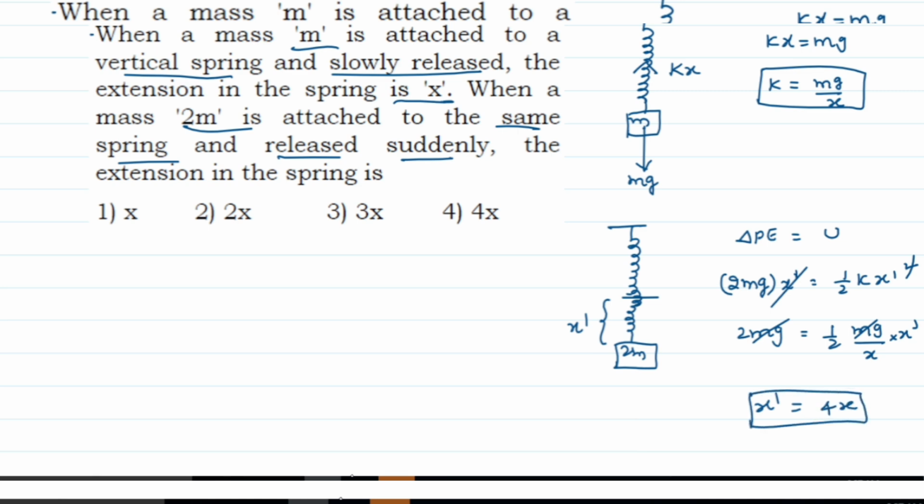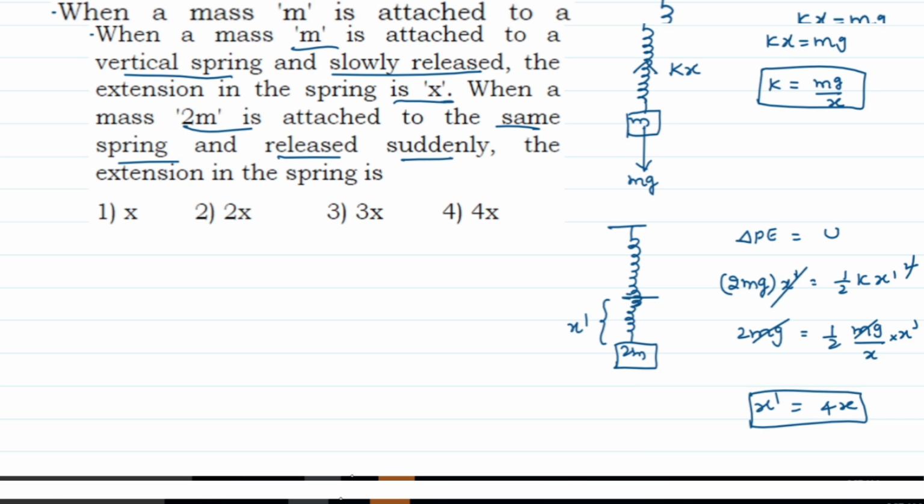That means initially when slowly releasing, there will be an elongation in the spring of x. Suddenly when you are releasing, there will be a further extension in the spring, x dash. Due to change in the potential energy of the system, the spring is going to be extending.